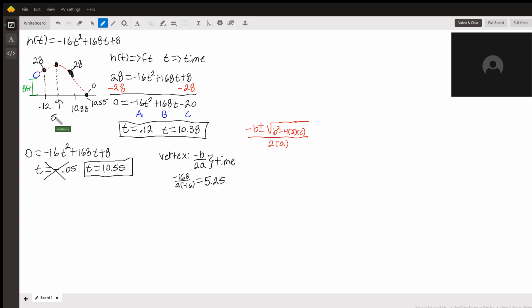So here at 5.25 seconds, to be able to find the height, we're just going to plug this in for t in our normal equation.